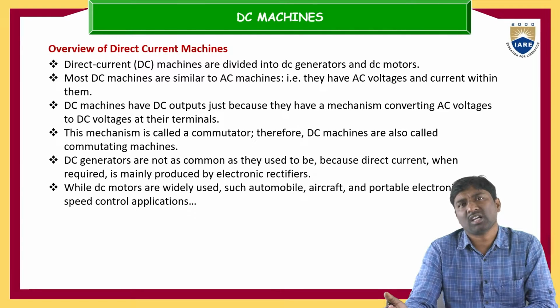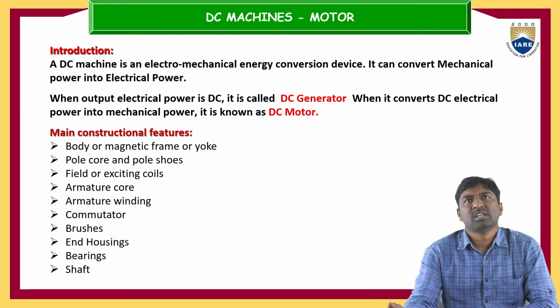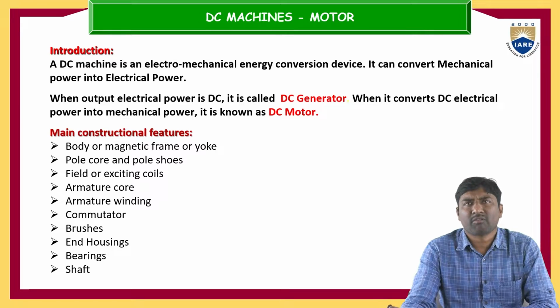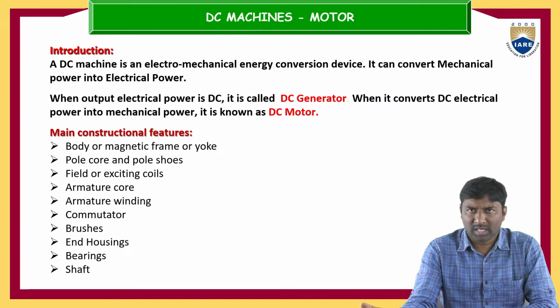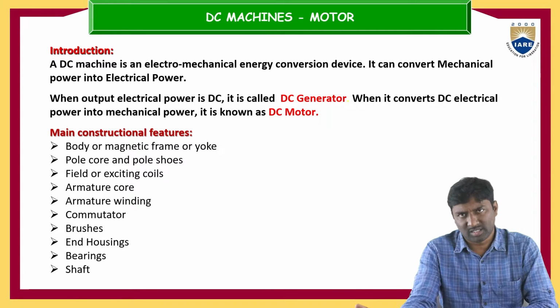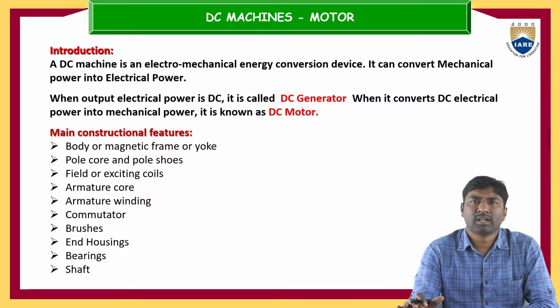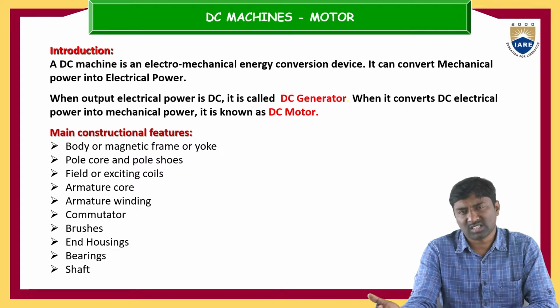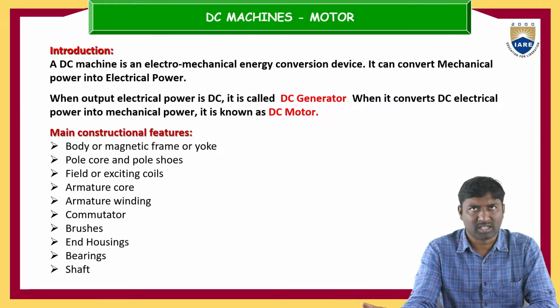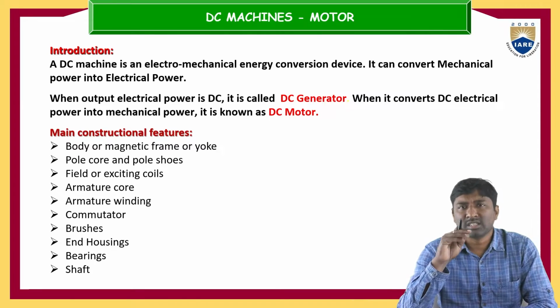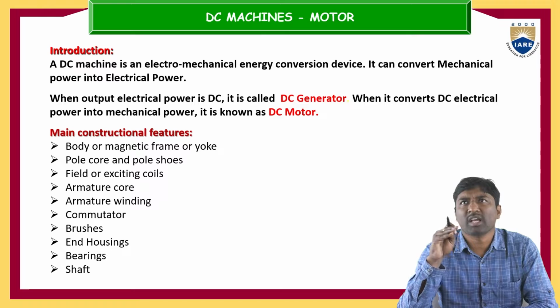Now we'll discuss the construction. In construction, for example, I am taking the DC motor. The function of the DC motor is to convert electrical energy to mechanical energy, and the DC generator's function is to convert mechanical energy to electrical energy. This conversion process I am calling electromechanical energy conversion.